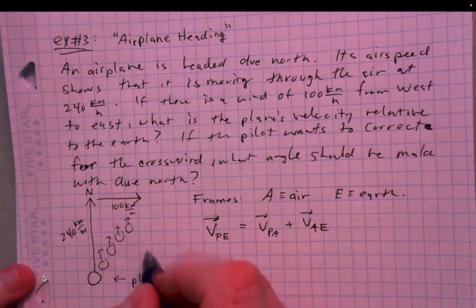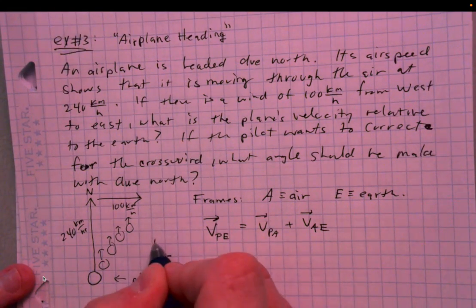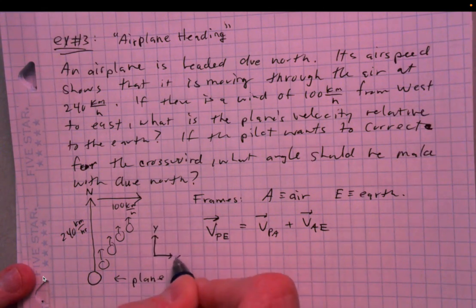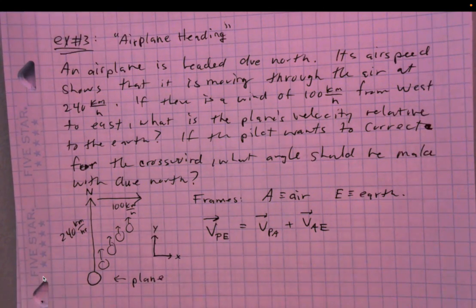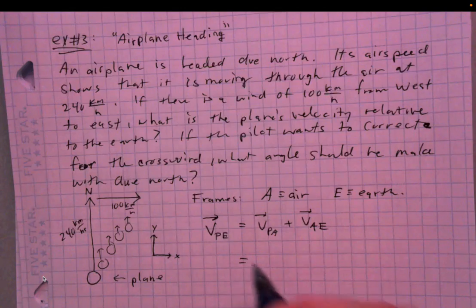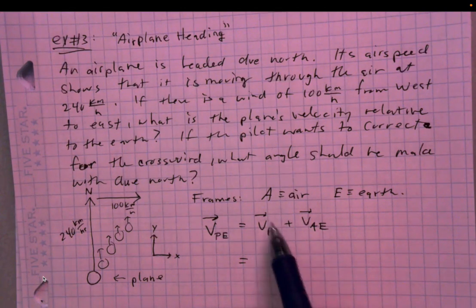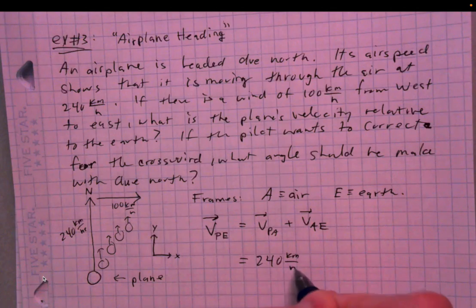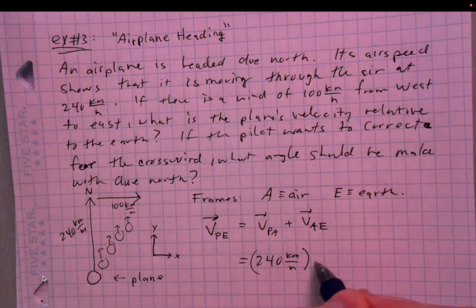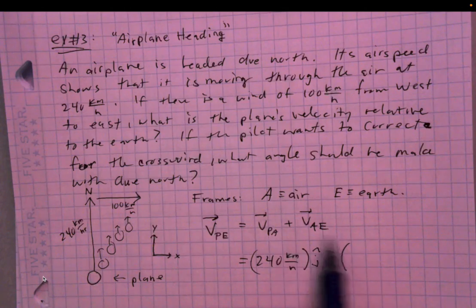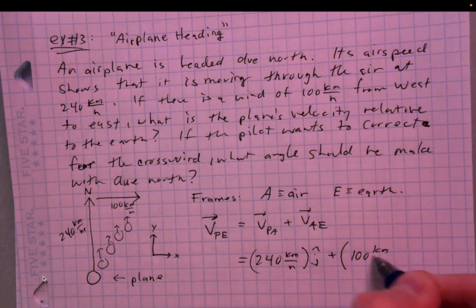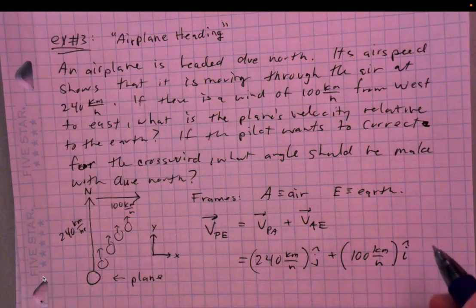Okay. Let's put some coordinates on here. Let's say that this is the y direction and this we'll call x, so this will be i and j. And so we can plug these quantities in. The velocity of the plane relative to the air is given as 240 kilometers per hour, and that's going to be the j direction. And the velocity of the air relative to the earth is given as 100 kilometers per hour, and that's the i direction.